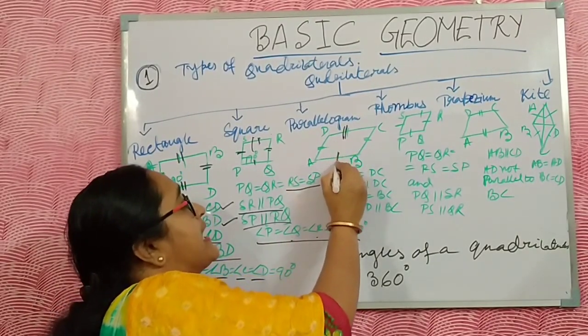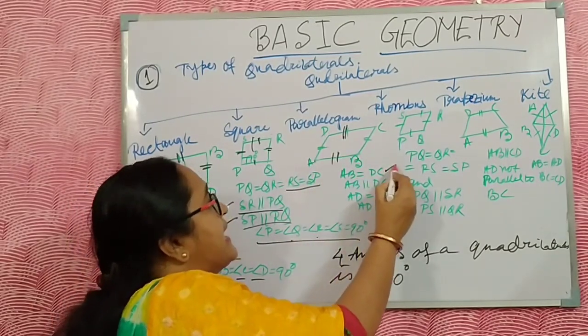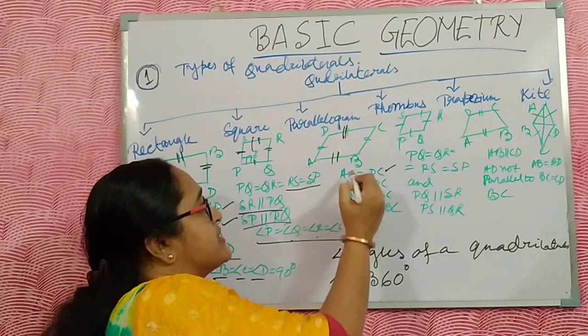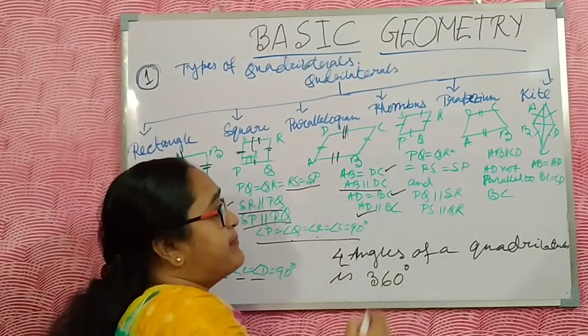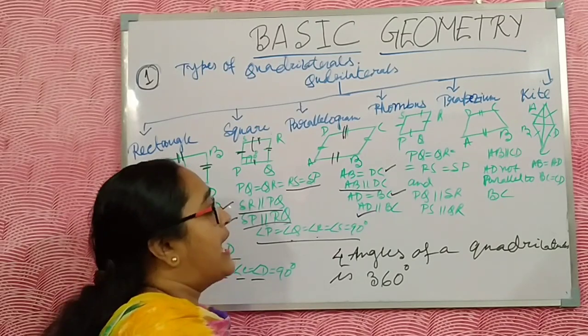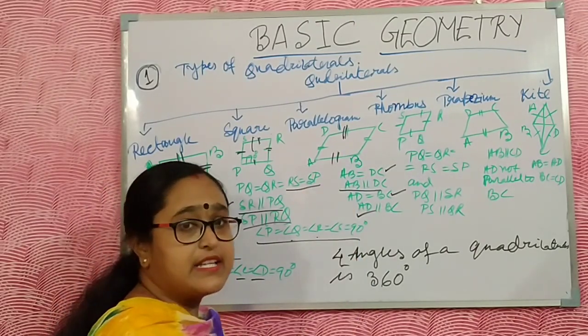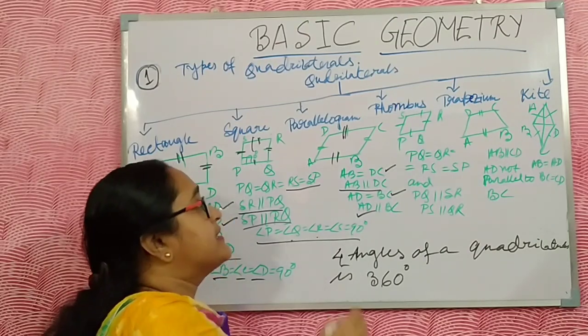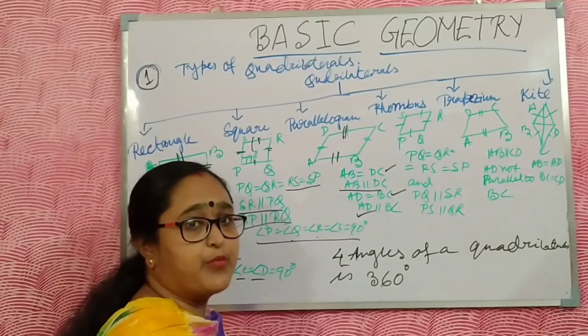Here AB is equal to DC and AB parallel to DC, and AD is equal to BC and AD parallel to BC also. Here each angle is not equal. This is the parallelogram.